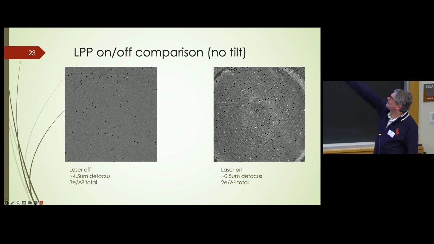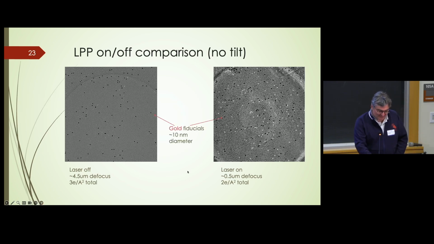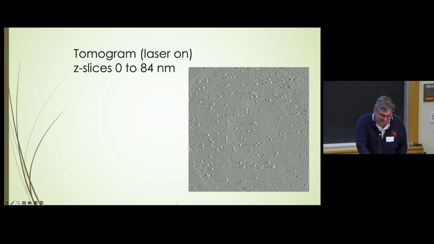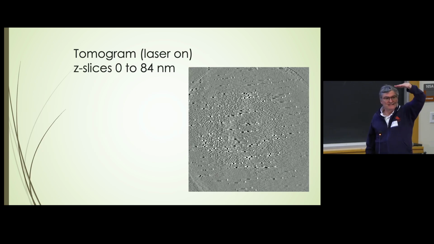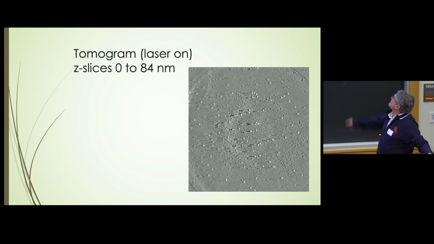And here's just one of them with laser off versus laser on. You see the black spots are gold fiducials. And then we put them together. Can I start this? If I see my mouse pointer, then I can maybe start this. So yes, this is going through the specimen in Z direction.